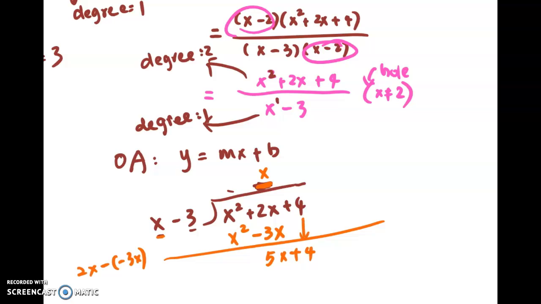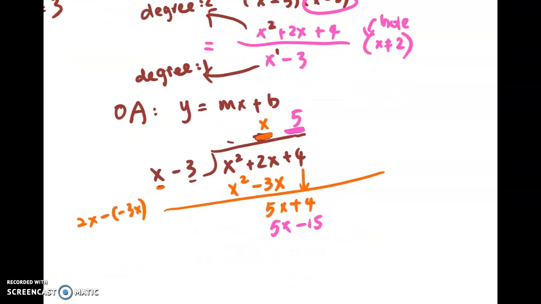Now I need to put a term over here so that this term times x will give me 5x. So that will be 5. 5 times x is 5x. Keep multiplying. 5 times negative 3 is negative 15. I will draw a line and subtract. 5x minus 5x is 0. 4 minus negative 15 is a positive 19. And this is the quotient.